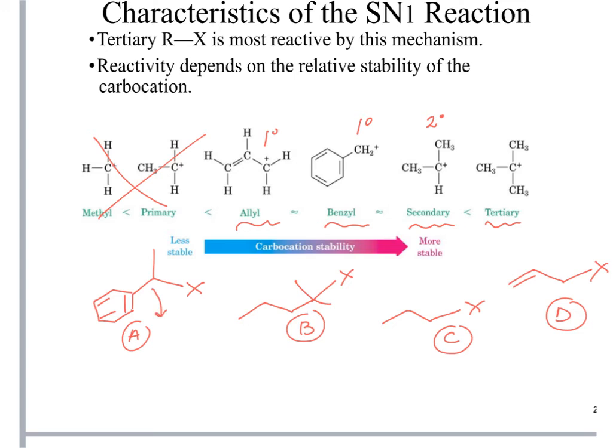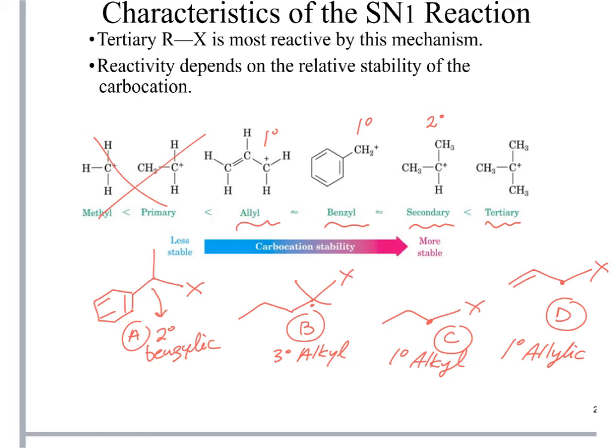We have a secondary benzylic alkyl halide. We have a tertiary alkyl halide, a primary alkyl halide, and a primary allylic halide next door to the alkene.